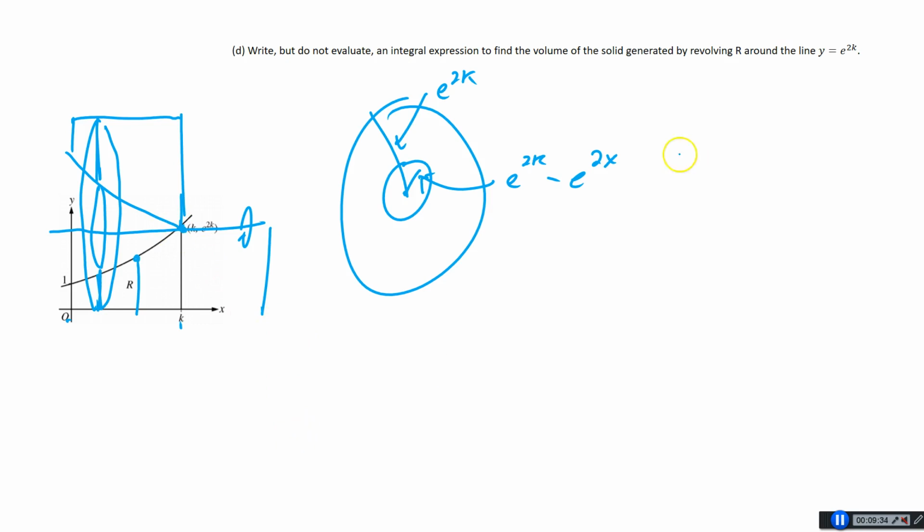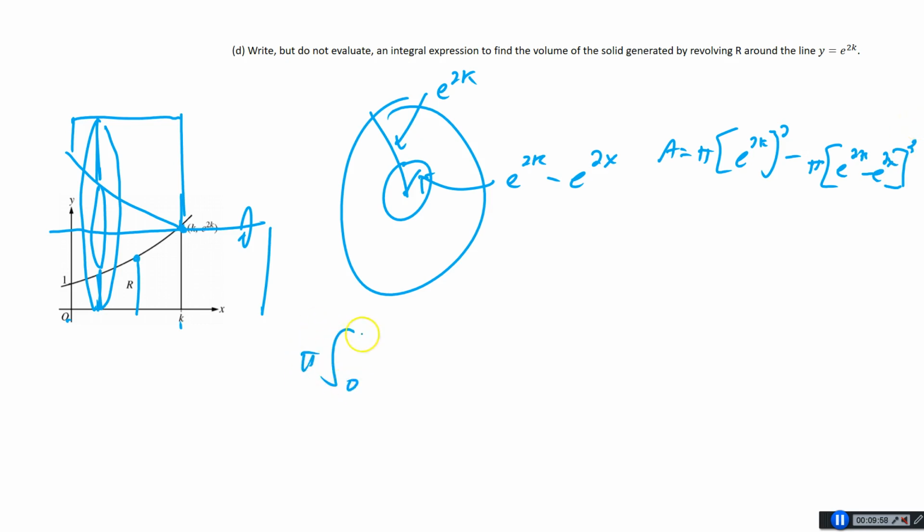So the area of one of these washers is pi times the outside squared, so pi times e to the 2k squared, minus pi times the inside squared. Inside is e to the 2k minus e to the 2x squared. Okay. Usually we pull the pi out, and we're going to integrate from 0 to k.